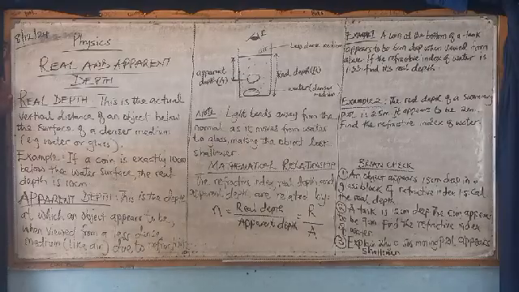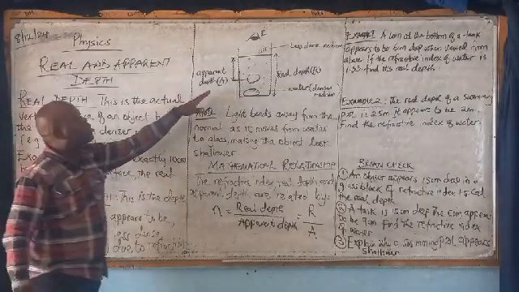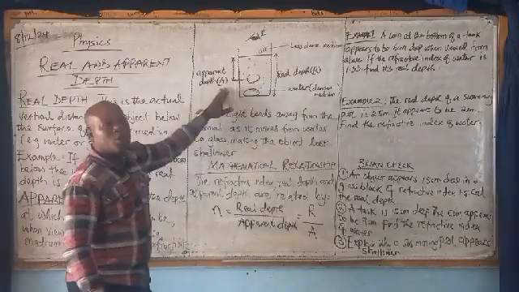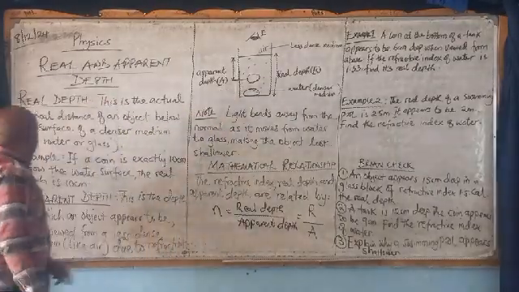What is real depth? Real depth is the actual vertical distance of an object below the surface of a denser medium. The medium we're going to be using here is water and glass. This diagram is going to help us explain what we mean by real depth and apparent depth.